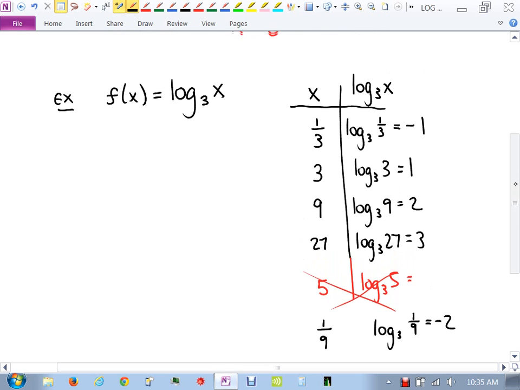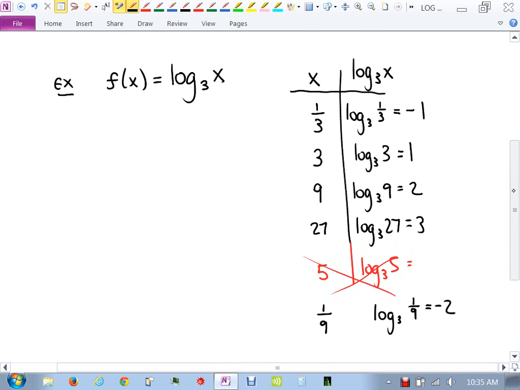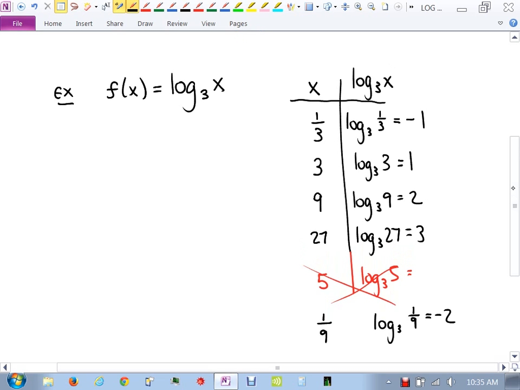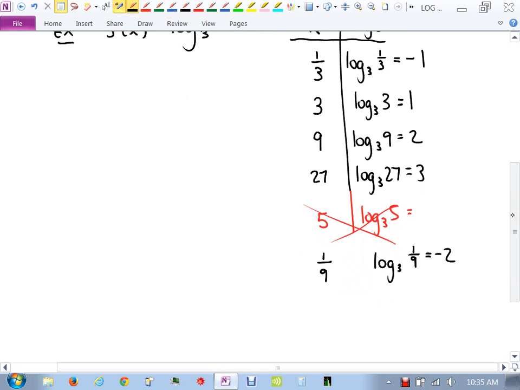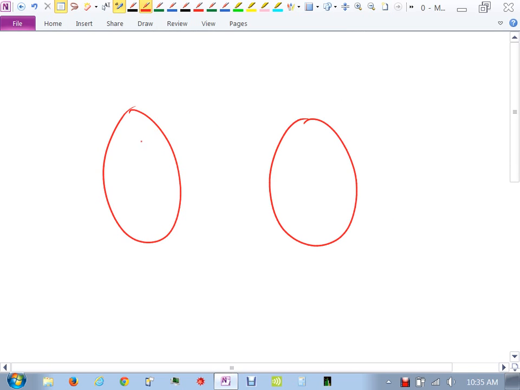Now, I'd like to go back to what we had when I first started talking about logarithms. I had this picture where we took the numbers 1, 2, and 3 and sent them through this function. The function I had defined was 3 to the x. Remember that?